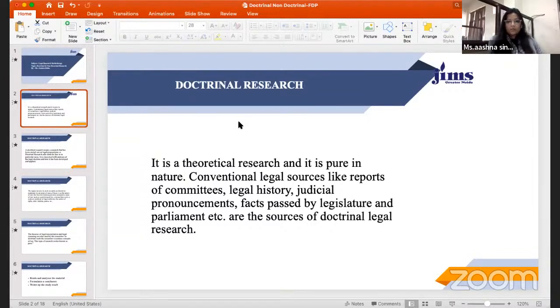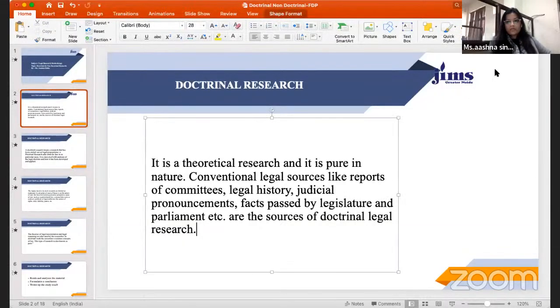What exactly are the sources when we are conducting doctrinal research? As you can see here, it is theoretical research and it is pure in nature. It uses conventional legal resources like reports of committees, legal history, and judicial pronouncements passed by the legislature.